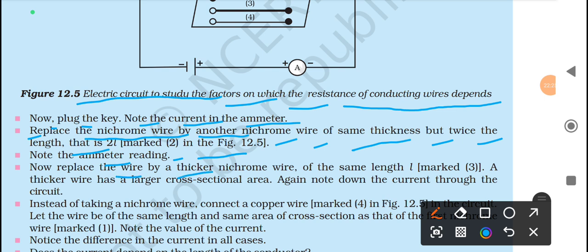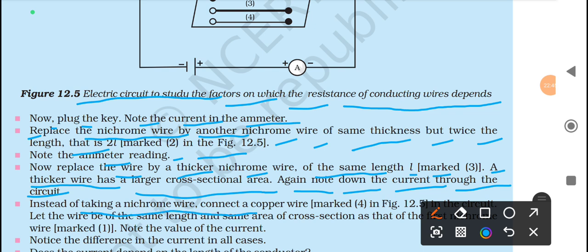Note the ammeter reading. Now replace the wire by a thicker nichrome wire of the same length L, mark 3. A thicker wire has a larger cross-sectional area. Again, note down the current through the circuit.